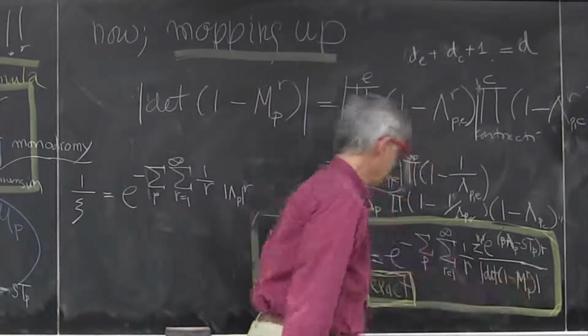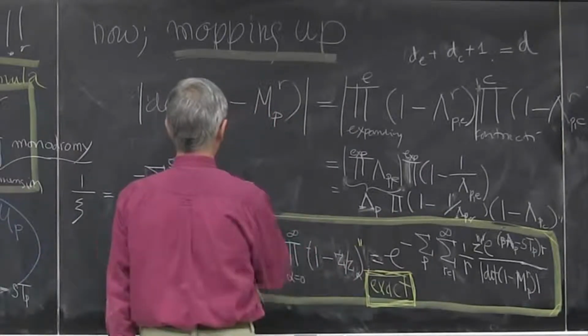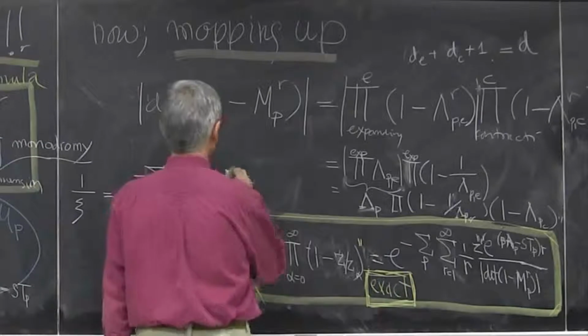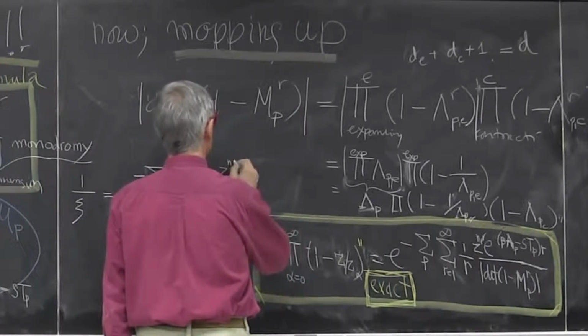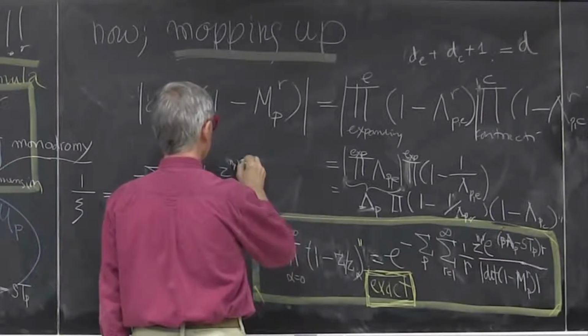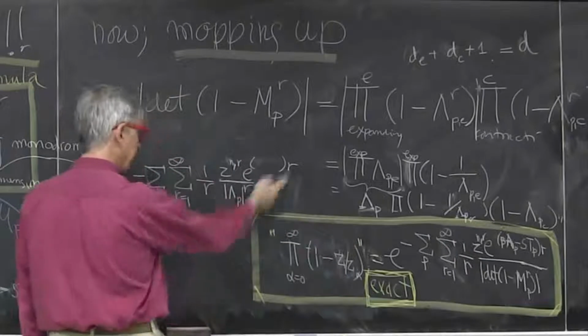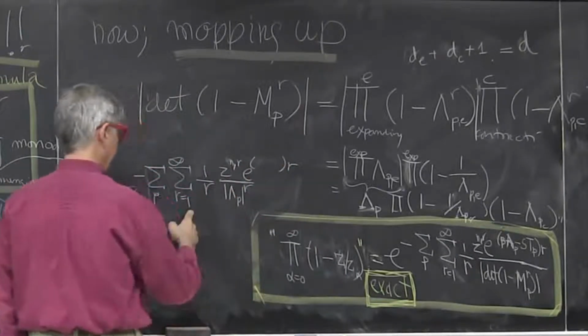So these are the repeat number. Over r, z to the n_p r, e to this thing times r. So everybody is raised to the power r.